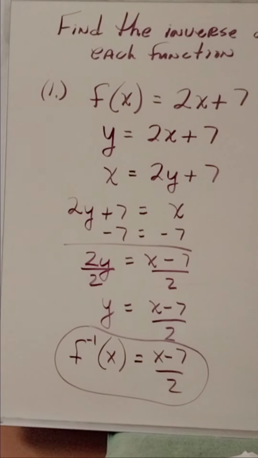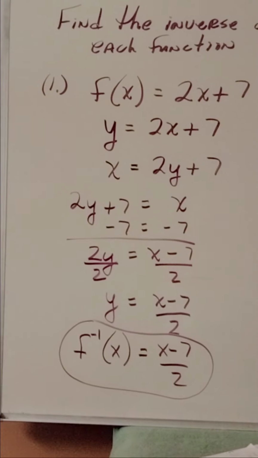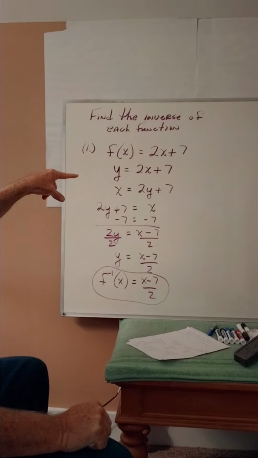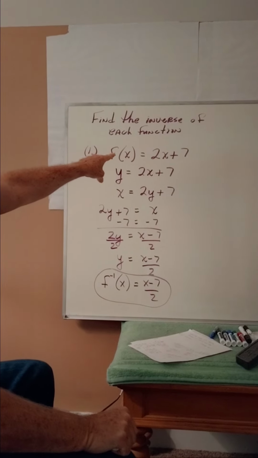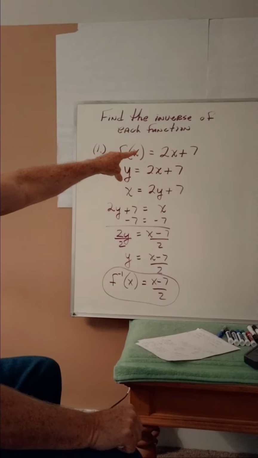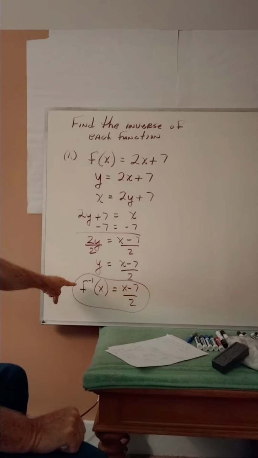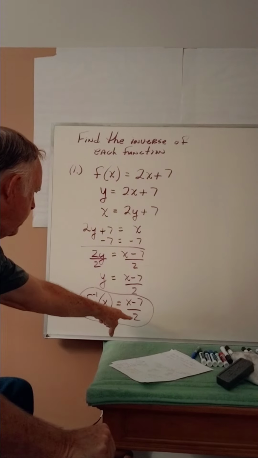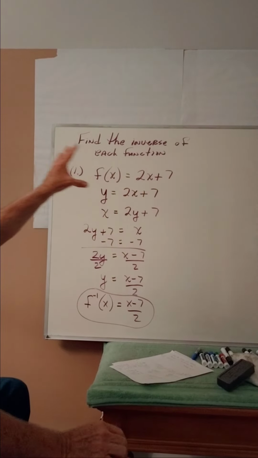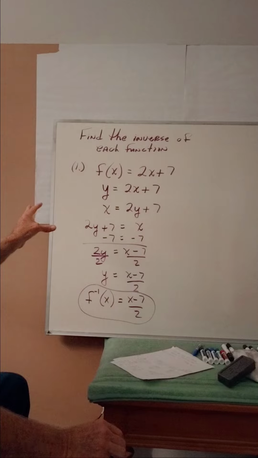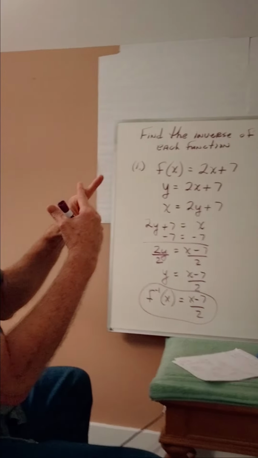Now, folks, for lack of time, I can't show it, but I'm here to tell you this. If you wrote down f of x is equal to 2x plus 7 here, and over there the inverse of f of x is equal to x minus 7 over 2, and you formed the composition of both of them, you're going to get x.